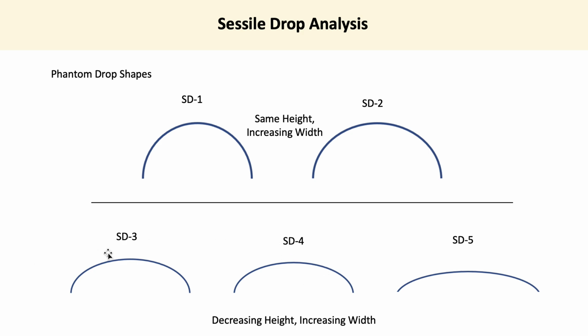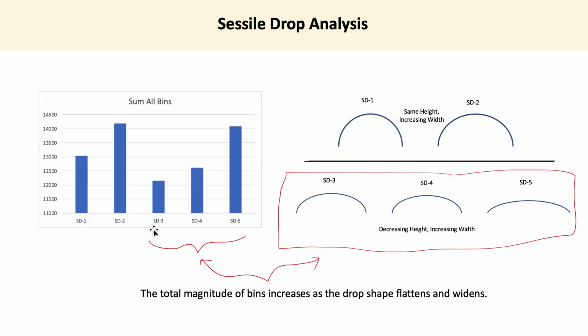When we applied the radial grid system to these shapes and summed all the bins, we see that for shapes 1 and 2 you see an increase in the sum of all the bins, which makes sense in that here you have a shape that is the same height in shape 2, but just stretched out more wide. And if you look at shapes 3, 4, and 5, you also see an increase in the sum of all the bins.